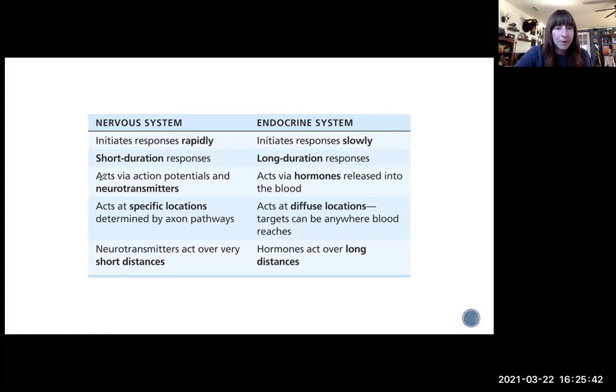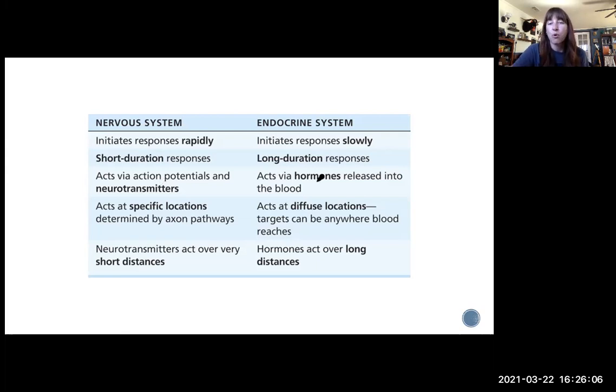The nervous system acts via action potentials. So again, this is electrical, and neurotransmitters, which is the chemical part of the electrochemical, right? So the acetylcholine or the norepinephrine that goes through that synapse between the neuron and the postsynaptic membrane of whether it be a neuron or an effector, right?